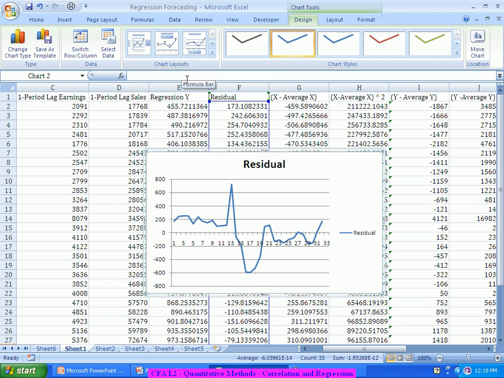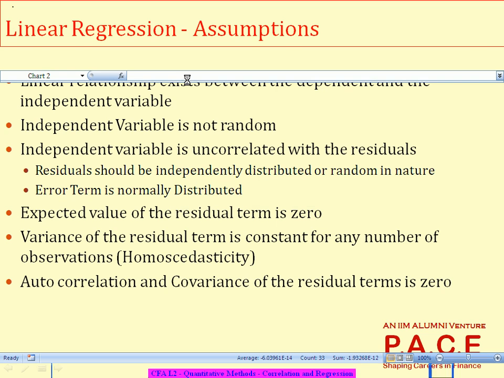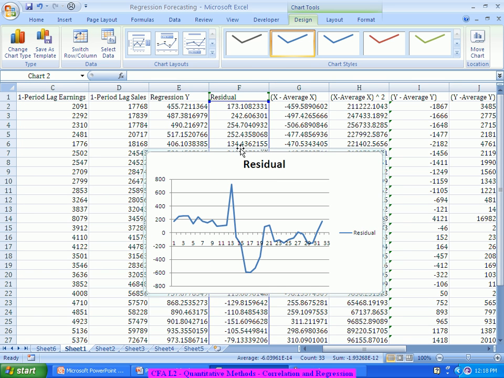That is where we get into multiple regression, right? As long as no patterns are observed with respect to the independent variable and the residual, we can still go with simple linear regression. And the expected value of the residual term is 0. Try to find out the mean of this residual term.